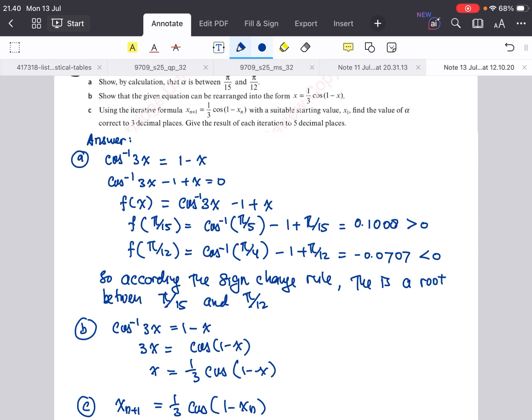And then C, using the iterative formula x_(n+1) = 1/3 cos(1 - x_n), with a suitable starting value x1, find the value of alpha correct to 3 decimal places, giving the result of each iteration to 5 decimal places.